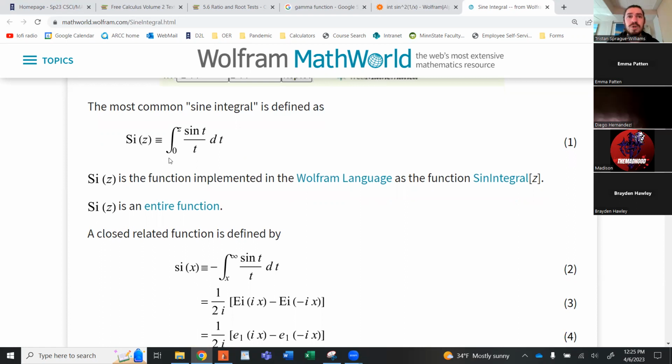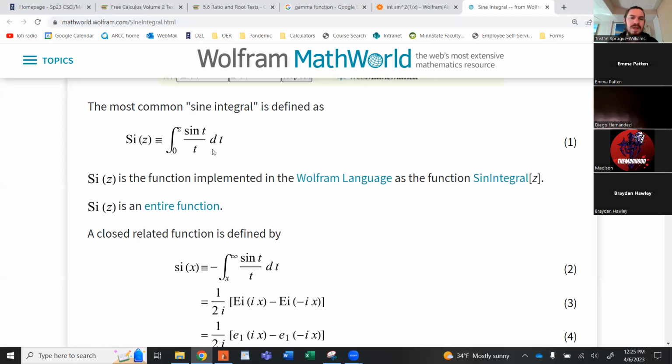I'm trying to remember what I told you. There's a name for this. It's called a something integral. I forget. We talked about these when we were doing approximation by Riemann sums, like midpoint and trapezoid rule.